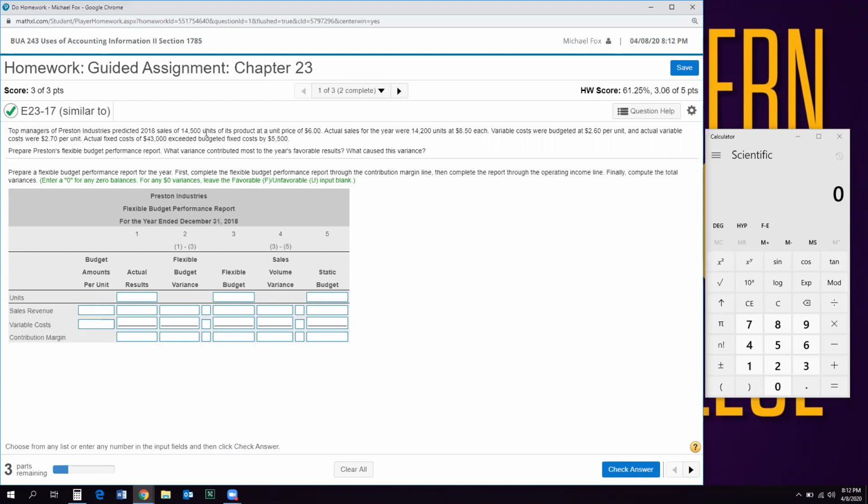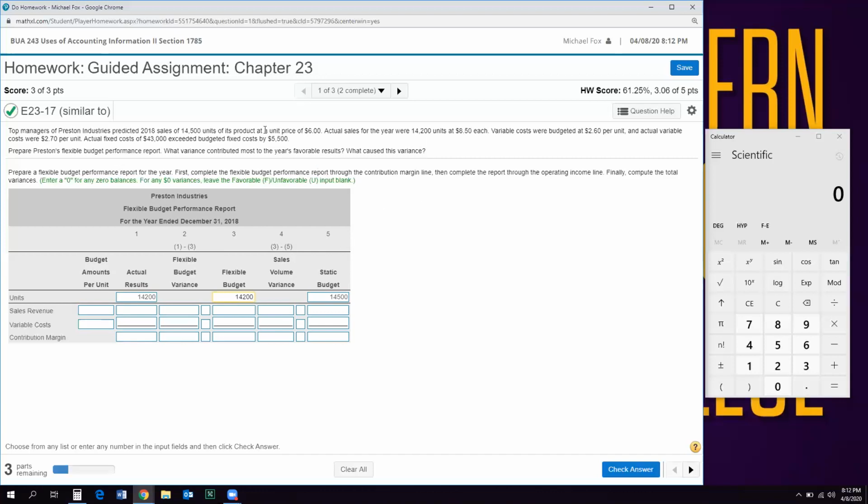The expected units is their static budget expected units, 14,500. Their actual units was 14,200, and our flexible budget is always done at the actual results as far as the number of units.